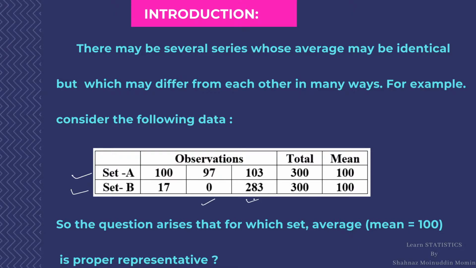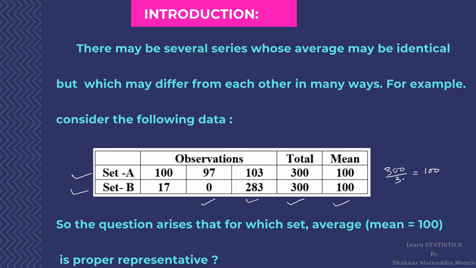If we add all the values of set A and set B, it gives the same total 300. If we find out the mean for set A and set B, then it comes out to be 100. How is it 100? It is 300 divided by 3, since there are three values in each set. So the mean is 100.